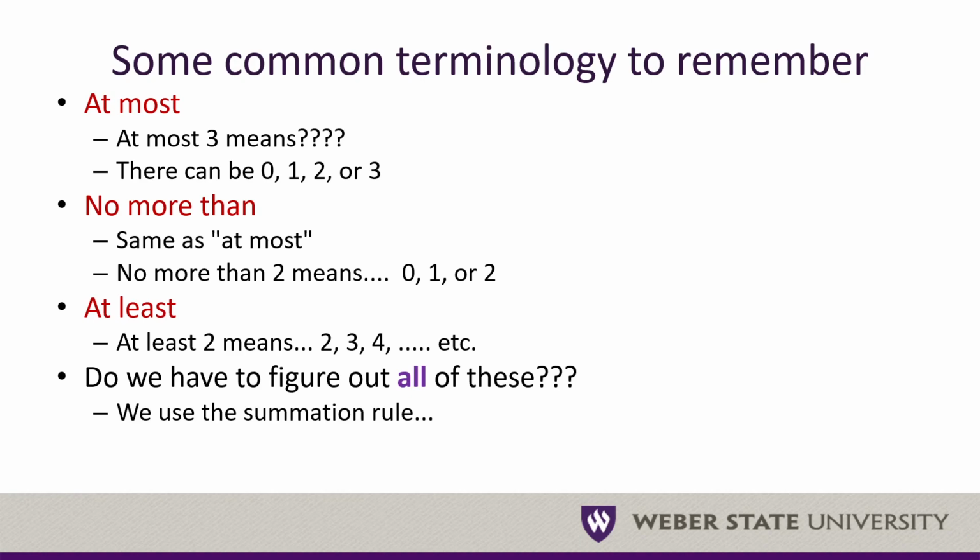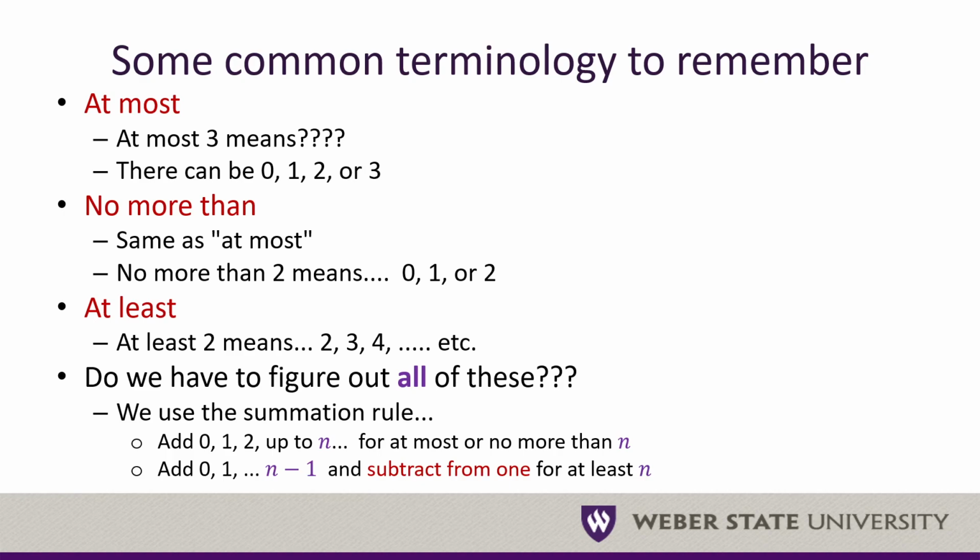I like that. So we use the summation rule. We know that 0, 1, 2, up through all of the possible outcomes is going to equal 1. So what we do instead is we figure out 0 and 1. If I say at most up to n, then I figure out the smaller value and I subtract from 1. And that gives me the same answer. So the probability of at least 3 is the same as 1 minus the probability of no more than 2.